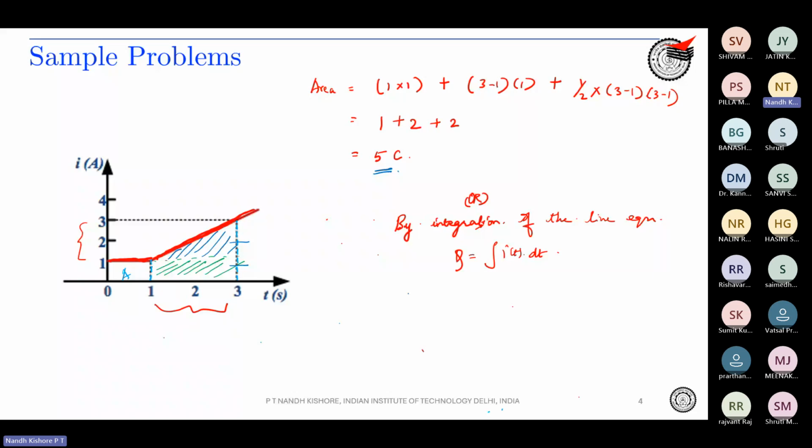You can integrate it and get the answer, or you can just find the area under the curve. Area is a direct representation of the integration function. So I think this question was pretty much straightforward. If this is fine, we can go ahead with the next question.